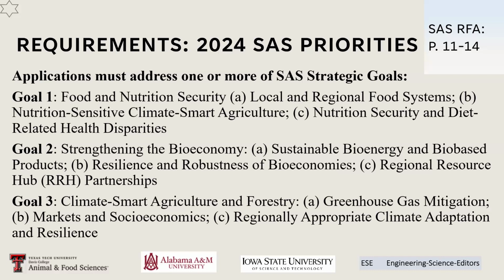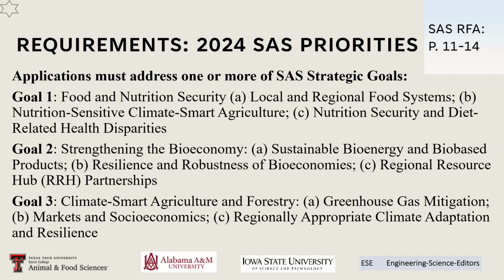These priorities change, and even in the same year, depending on the USDA program you want to apply to, priorities may be different. For us, the SAS strategic goals this year are food and nutrition security, strengthening the bioeconomy, and climate smart agriculture and forestry. Once you decide that you fit into this, we can take the next step.